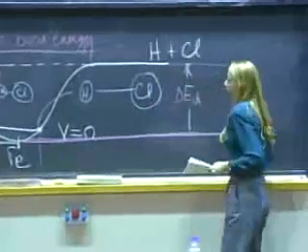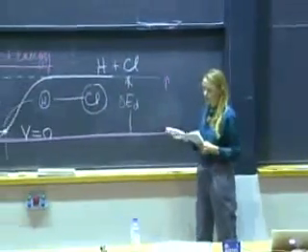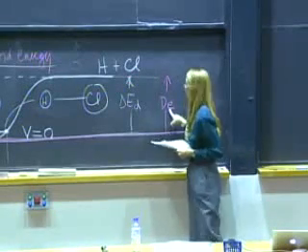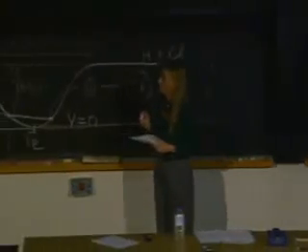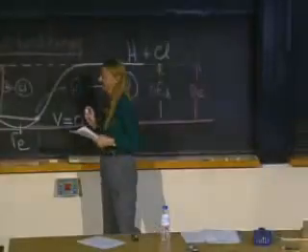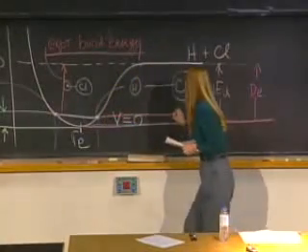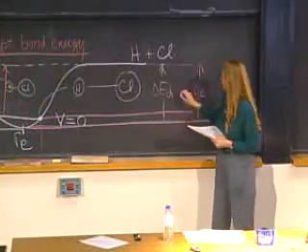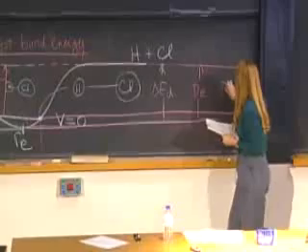The nomenclature from the bottom of the well to here, which is not experimentally measured, is usually D sub E, dissociation sub E. From the V equals 0 level to the dissociation limit, that energy here is D sub 0.